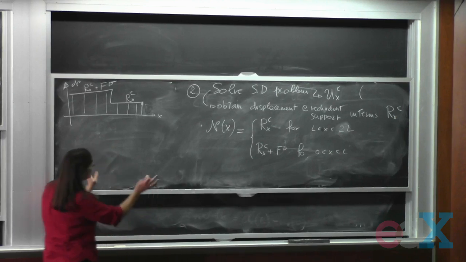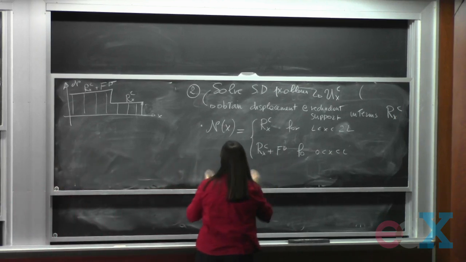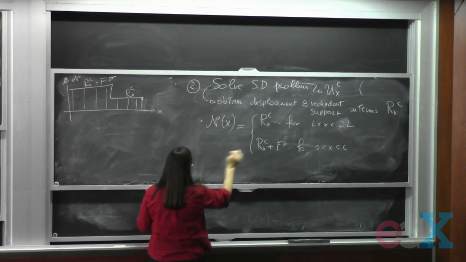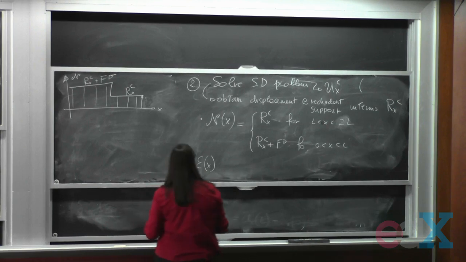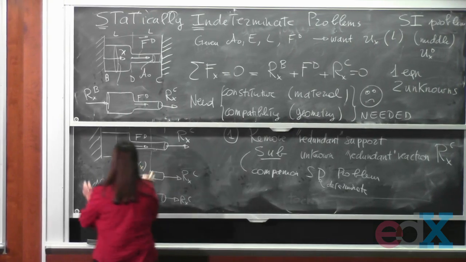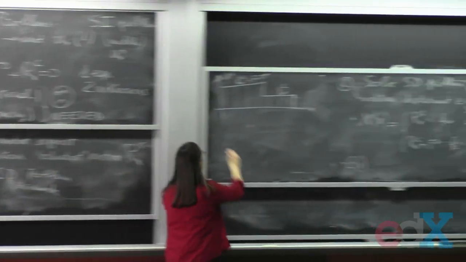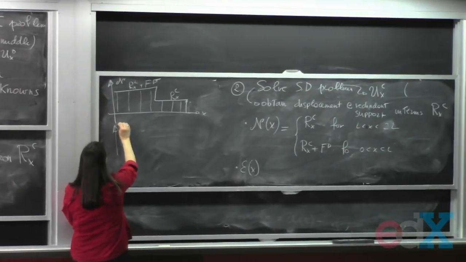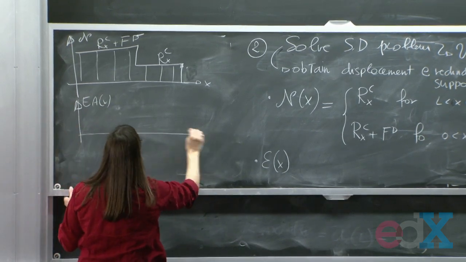Okay. So once I have N of X, I can figure out my strain. So if I get N of X, I can get my strain as a function of X. And my strain as a function of X is going to be N of X divided by EA effective of X. So actually, if I want to be careful, I would have to first do EA of X. And EA of X also looks like that.